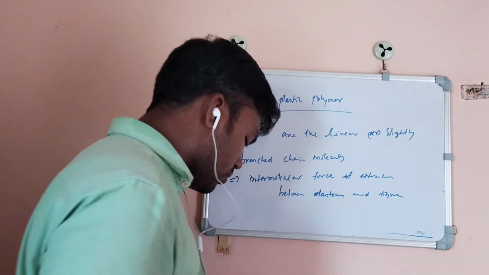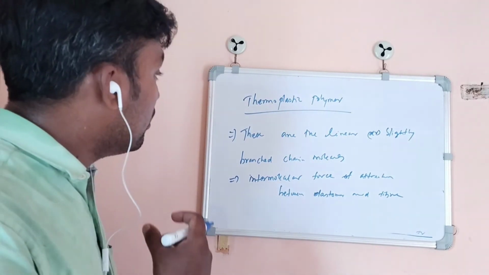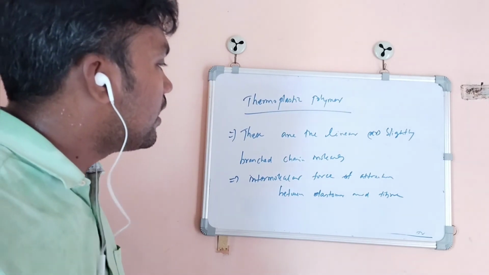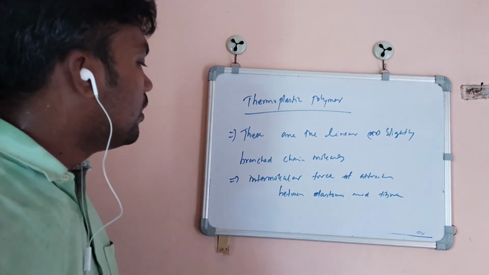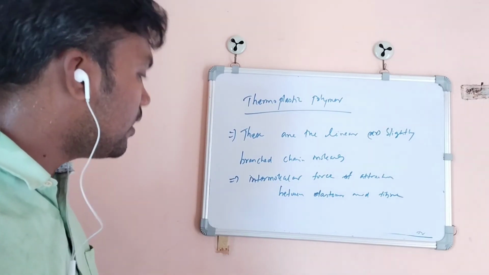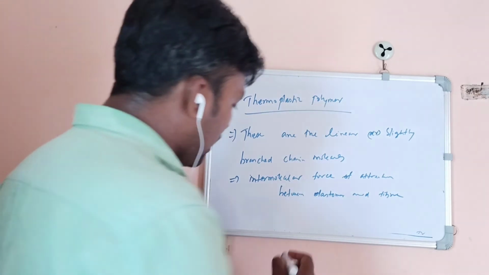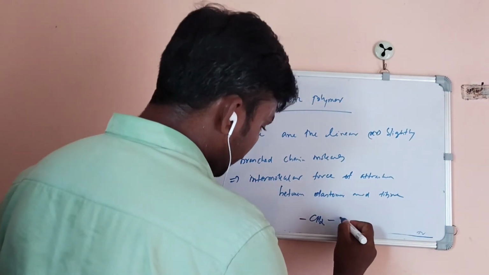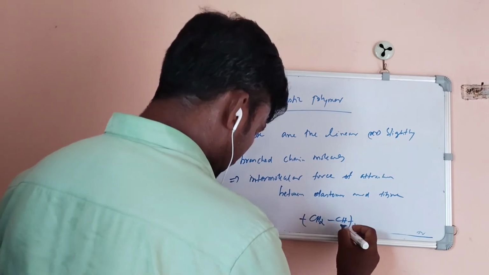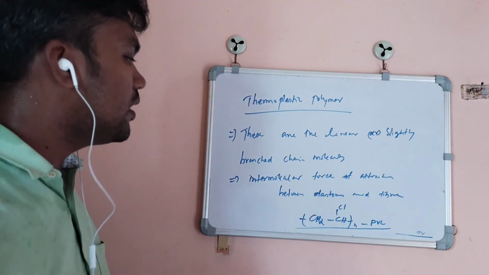For example, polythene and polystyrene are examples for thermoplastic polymers. Thermoplastic polymers contain linear, slightly branched chain molecules. Polystyrene and polyethylene are examples for this kind of polymer. PVC is also an example for thermoplastic polymers.